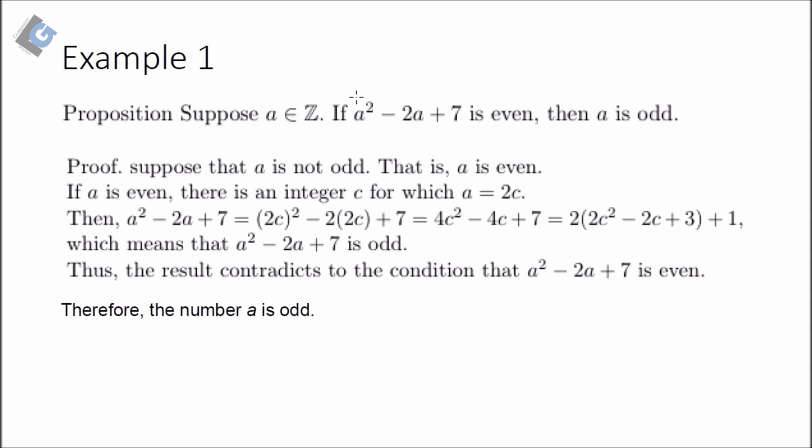Any even number can be divided by 2. So we can use 2 multiply c, or 2c for short, to represent a.